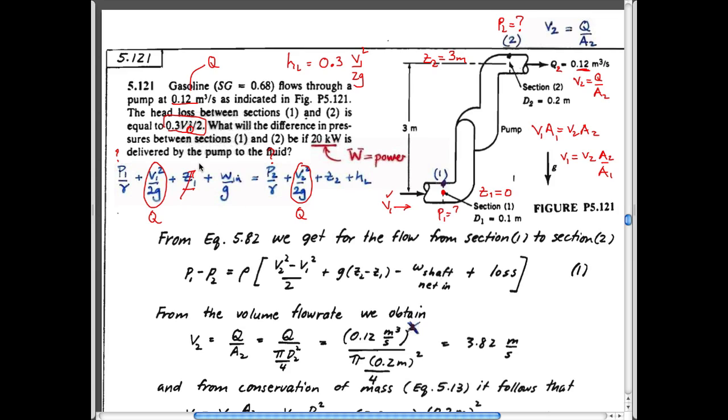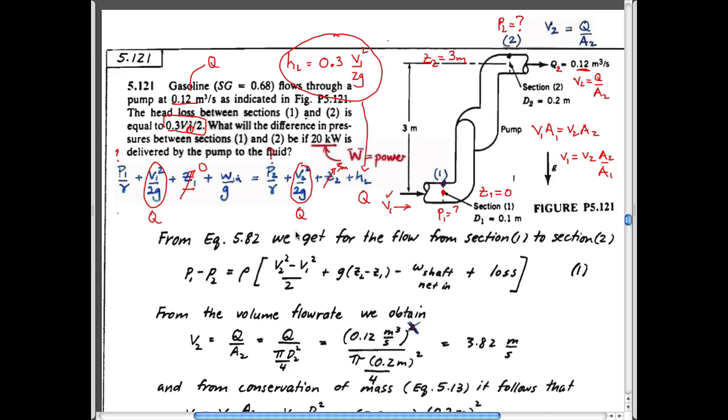This is 0, and this is equal to 3 meters. We know the head loss is equal to this term here. And we just have to be careful to make sure that we use V1 to do that. And so this is also defined as a function of our Q.